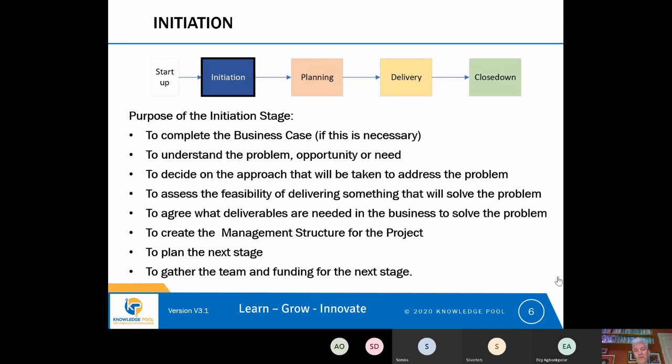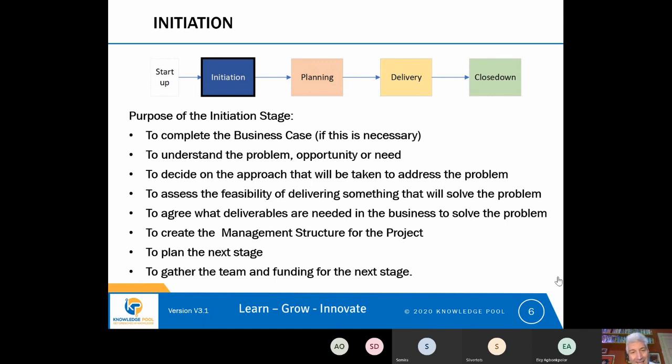And if you don't decide early on in the project what approach you're going to take, if you try to take lots of different approaches, I think you would waste time trying to plan a number of different projects, almost a number of different ways of solving the one problem.